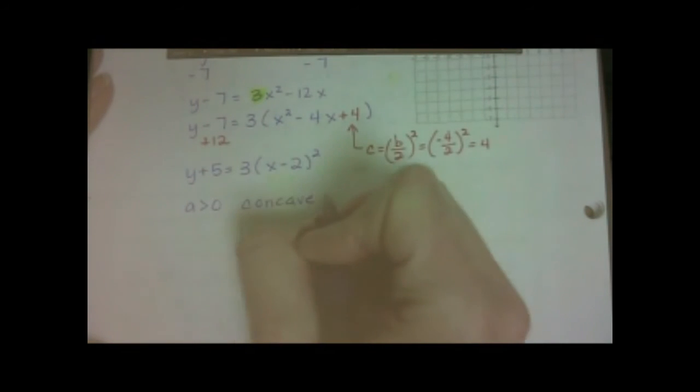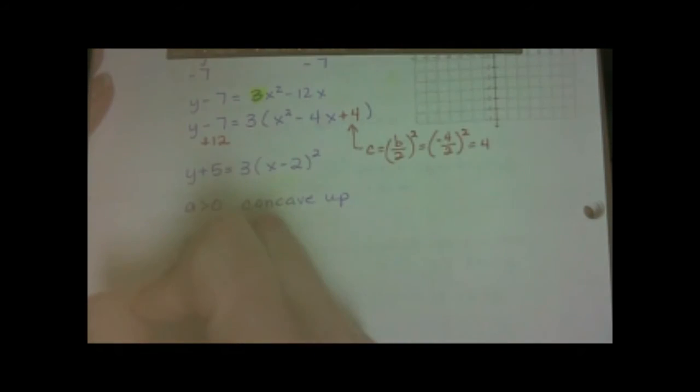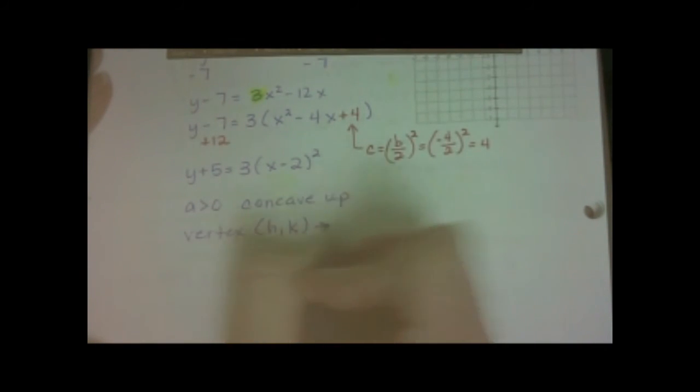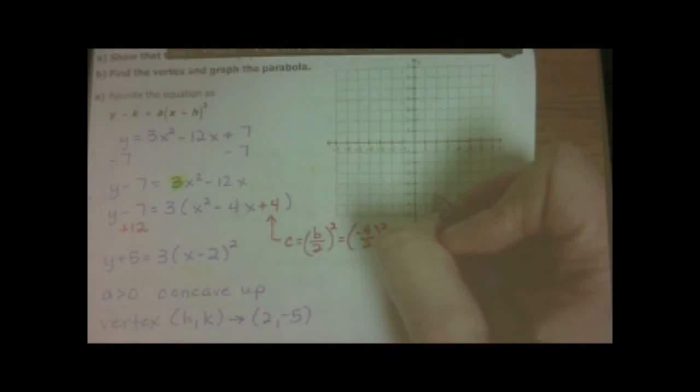So first of all, A is greater than 0. So this is concave up. My vertex is h, k, which is 2, negative 5. And let's go ahead and graph that right here.